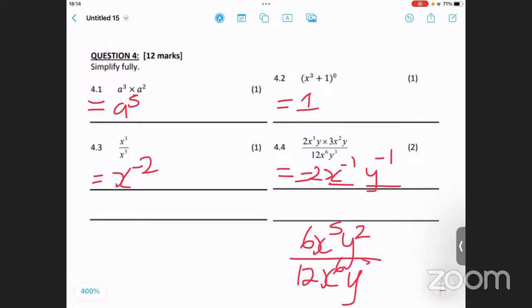Then 6 divided by 12 is half, not -2. And then, ma'am, 5 minus 6 is -1. So that's where I got the x to the power of -1.